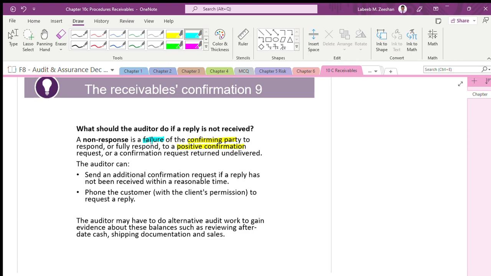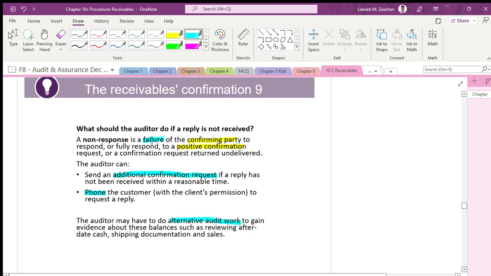The auditor can send an additional confirmation, another request. If the reply has not been received, you can contact them personally. The auditor may have to do an alternative audit work plan. You should not give up.